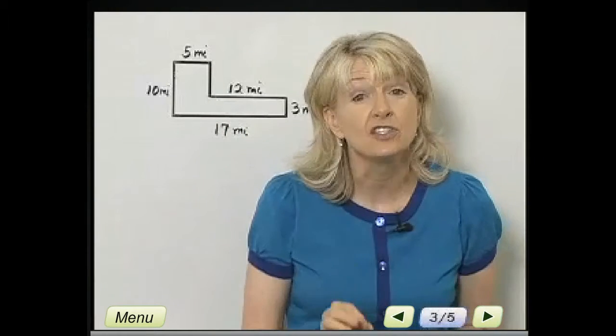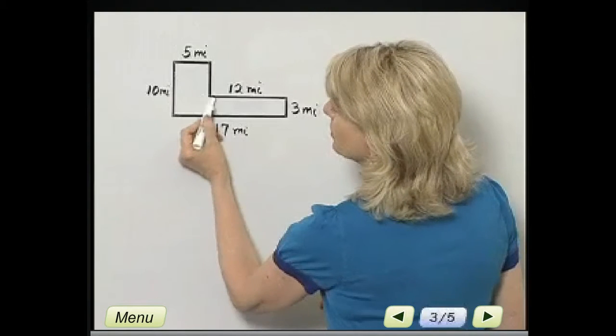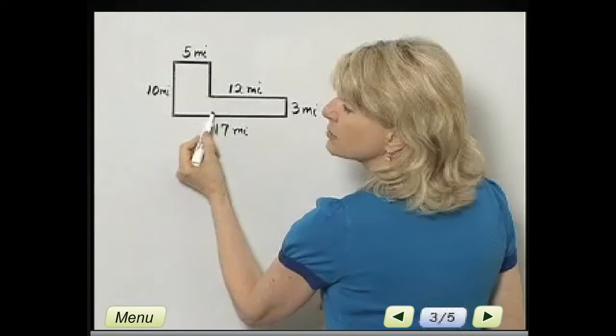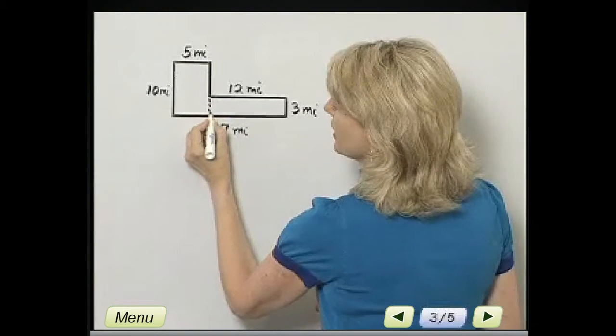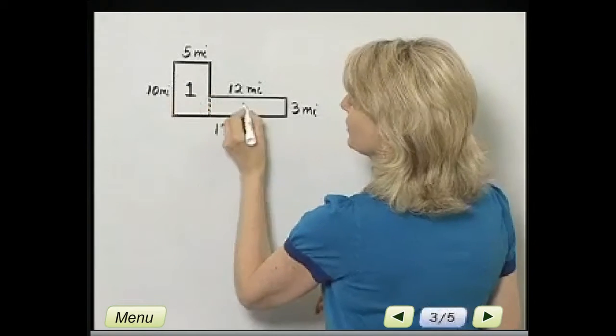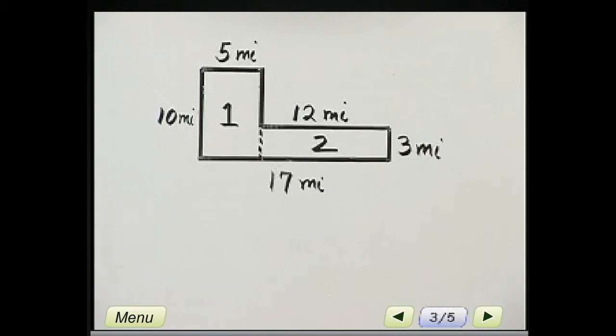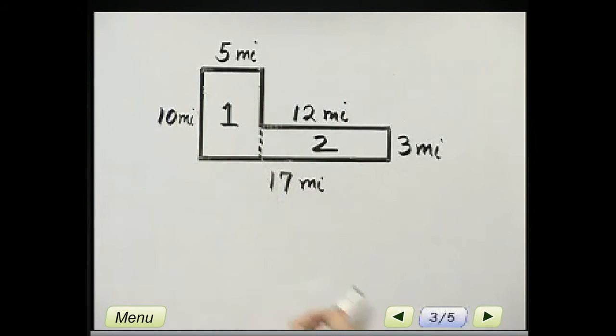Let's divide it into two rectangles. Now you can divide it here or here. It makes no difference. You'll get the area each time. Okay, and I'll call this rectangle 1 and rectangle 2 so we do not get disorganized, and we'll find each area separately and then find the sum of the areas.